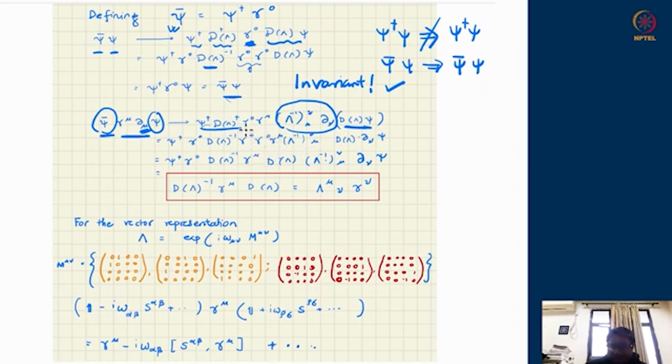Okay, so overall you can just combine, you will have a ψ bar on the left, this D dagger is equivalent to γ⁰ D inverse γ⁰. Then there was already a γ⁰ which is present here, so this will be this γ^μ, which is already there, Λ inverse, which will appear from the transformation of the derivative operator, and then there is a D(Λ), which is position independent, so it will come out of the derivative, and then there is the derivative hitting the ψ.